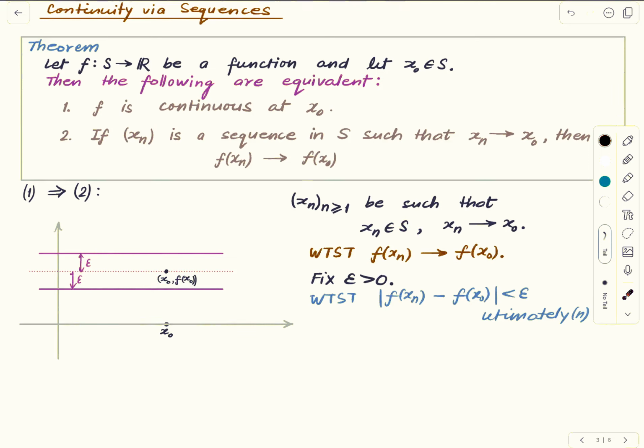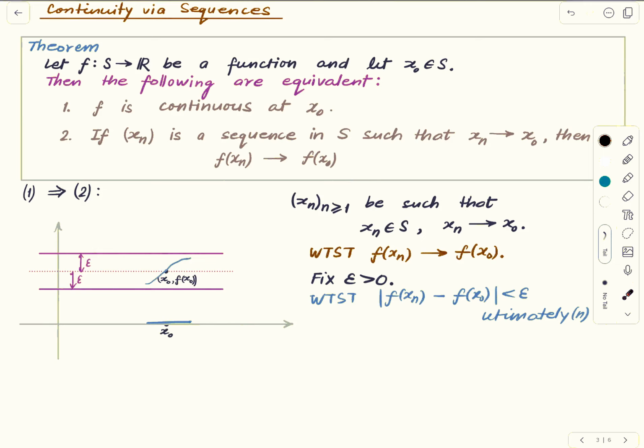So there is some delta neighborhood such that the function looks like that, as long as we are restricted to it. Outside the delta neighborhood, the function may fly off, but within this delta neighborhood, the function respects this epsilon band, meaning all the points in this graph are in the epsilon band.